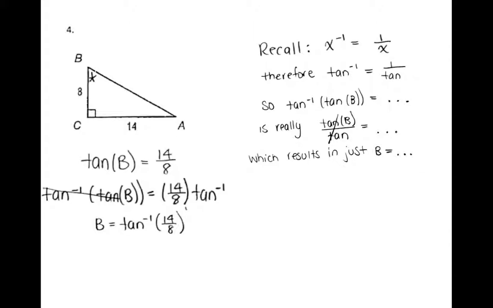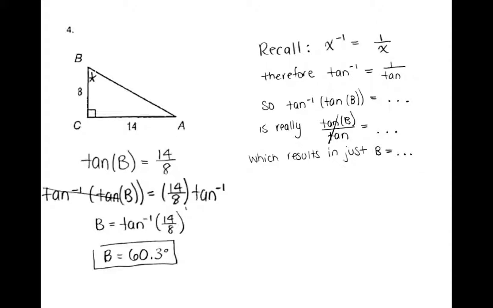In order to do this, you're going to go to second, draw in your calculator, so click second, draw. You're going to go all the way down to number 6 that says tan negative 1, remember tangent inverse, click there, hit enter, plug in 14 divided by 8, close parentheses, and you'll notice that it spits out an angle measure.